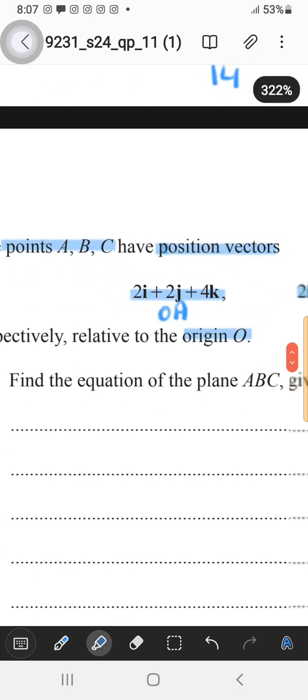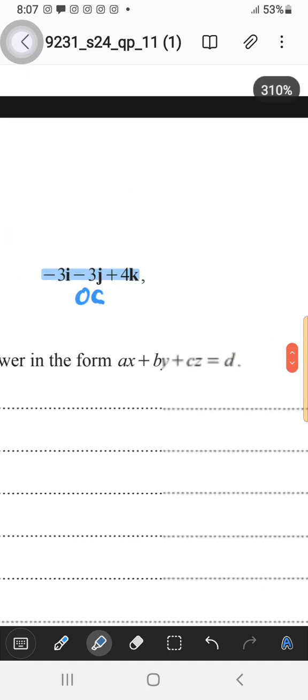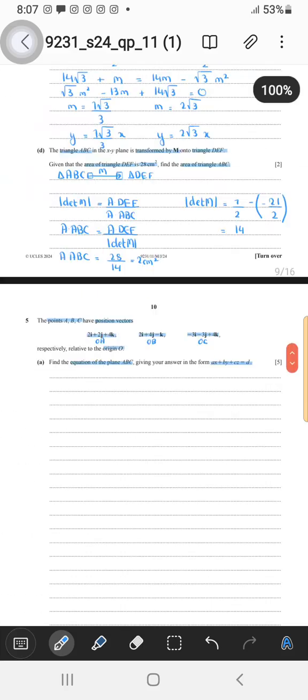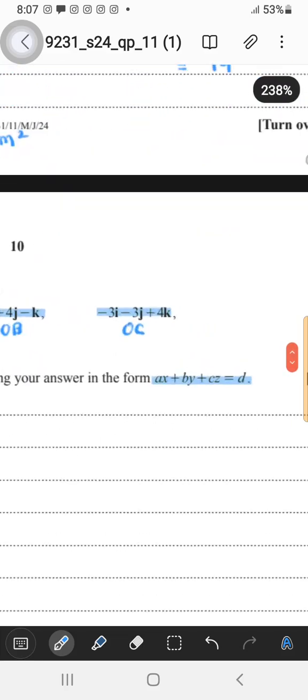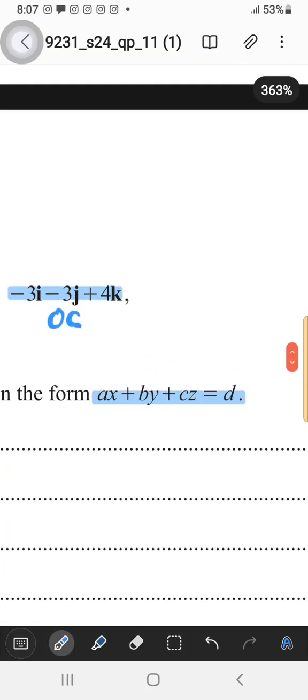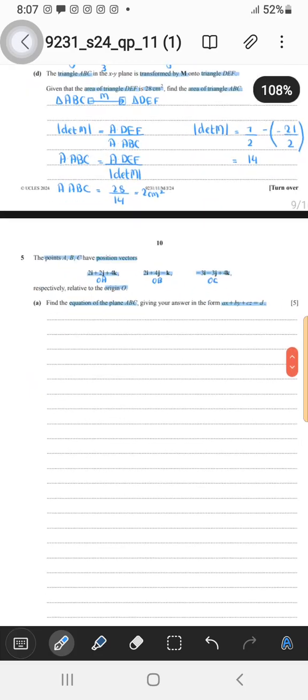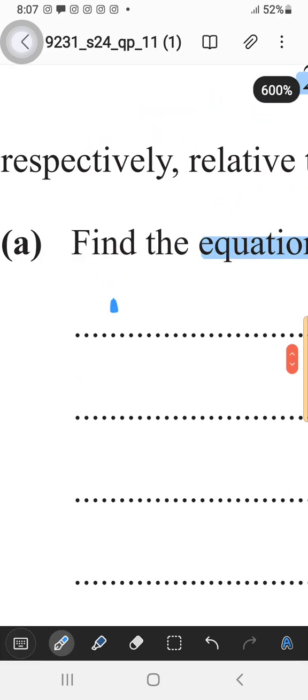Then our first part says find the equation of the plane ABC. Give your answer in the form ax plus by plus cz equal to d. Okay. So we have to find equation of plane in this form. To find the equation of plane in this form, we want two things. The first thing is normal.